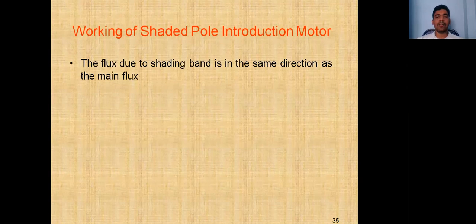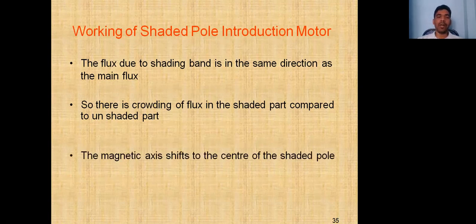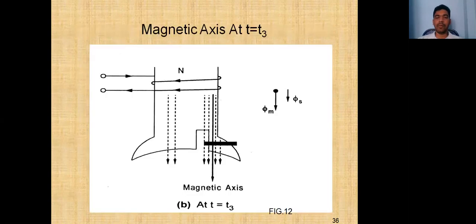The flux due to the shading band is in the same direction as the main flux, so there is crowding of flux in the shaded part compared to the unshaded part. The magnetic axis shifts to the center of the shaded pole.